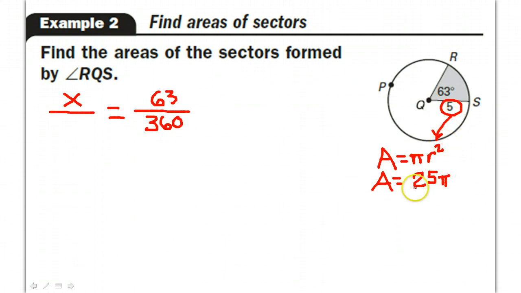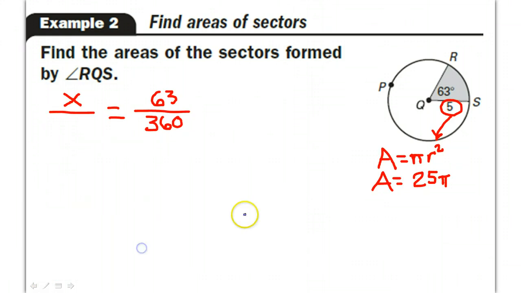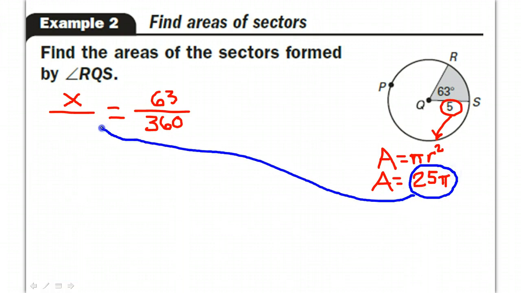So that's the area, okay? Okay, so I'm going to take this 25 pi, and that's what I'm putting over here. Again, it's because I'm doing part over whole, and 25 pi is the whole area.